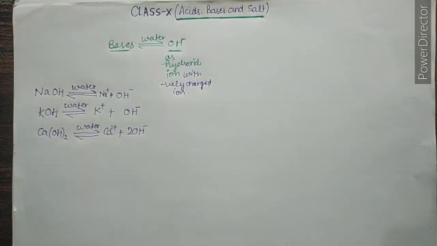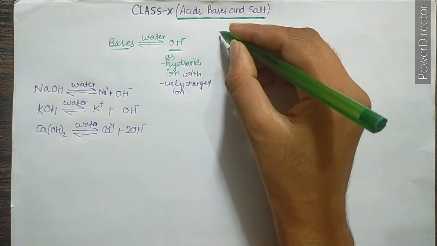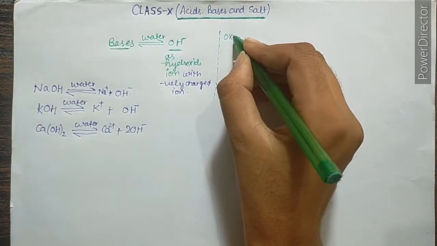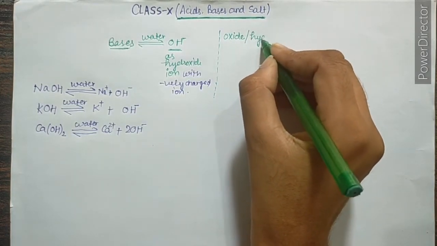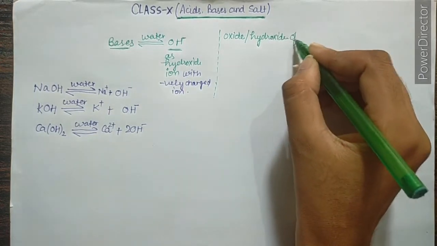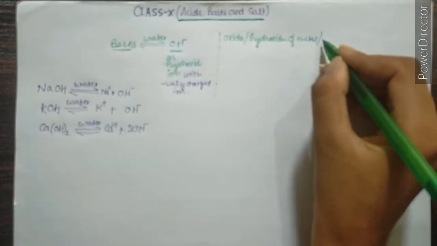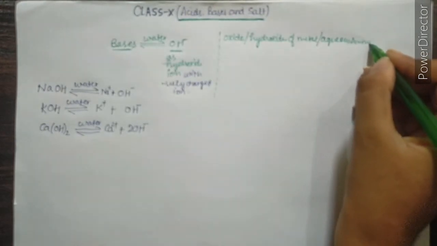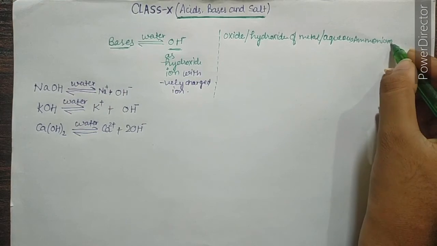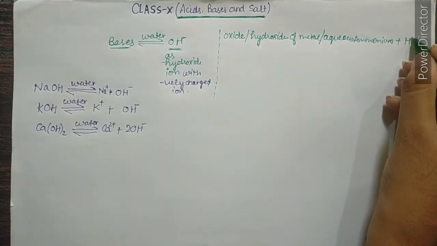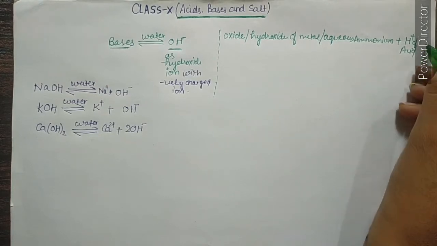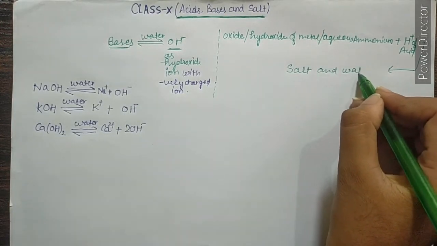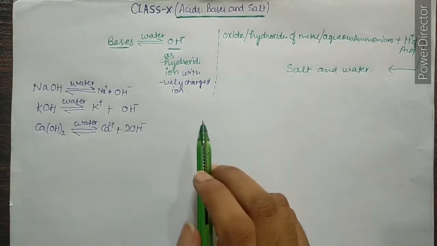So a base may be defined as an oxide or hydroxide of a metal, or aqueous ammonium, which reacts with H positive of an acid to form salt and water. And this is another definition of base.